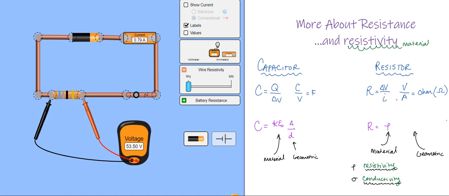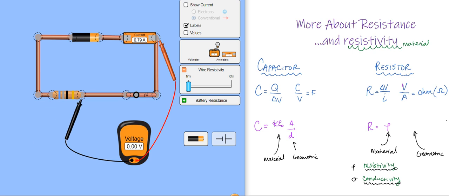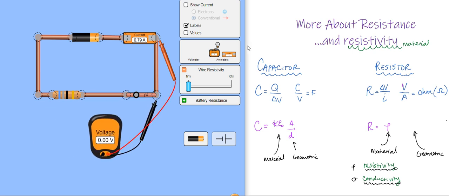Now we can take a look at how the potential difference across the resistor is affected by how much resistivity there is in the material, by taking a look at the awesome simulations from the phet.colorado.edu website. If I attach the voltmeter across this wire here, remember all material and all objects have some kind of resistance, whether they're intended to be used as resistors or not.